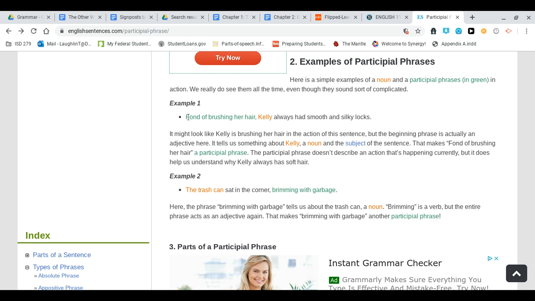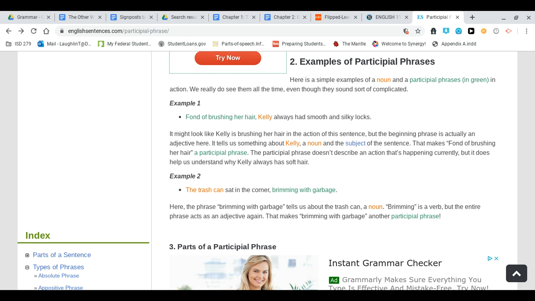Now, we call it a phrase because we're missing the subject. So we have a verb, brushing, we have the modifier, fond, and all of it is talking about Kelly. Okay, so that's why it's a participial phrase.